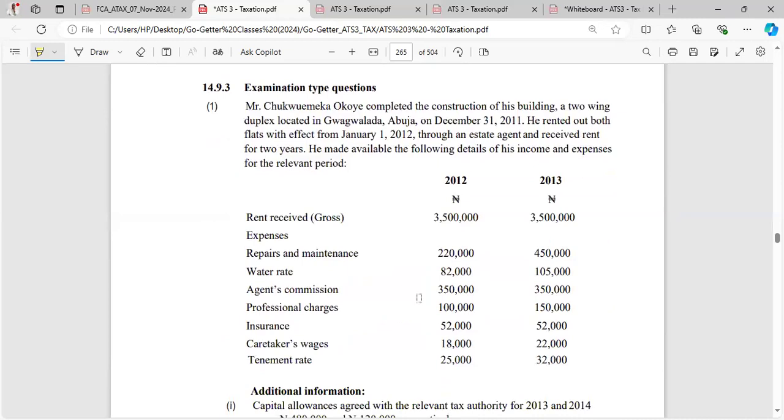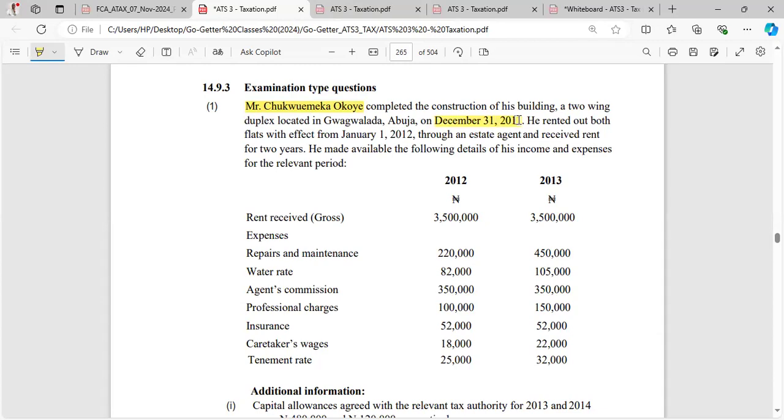Mr. Chukwuemeka Okoye completed the construction of his building, a 2-wing duplex located at Gwagwalada, Abuja. So who is Mr. Chukwuemeka? He is the landlord. He is also the taxpayer. Now, he completed that 2-wing on what date?